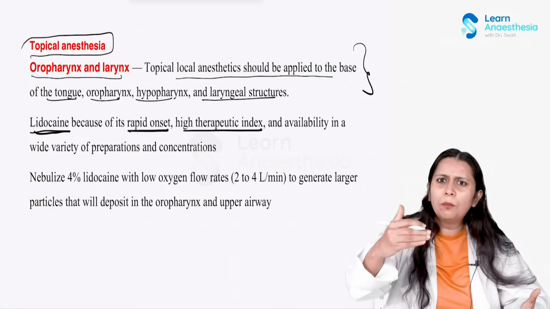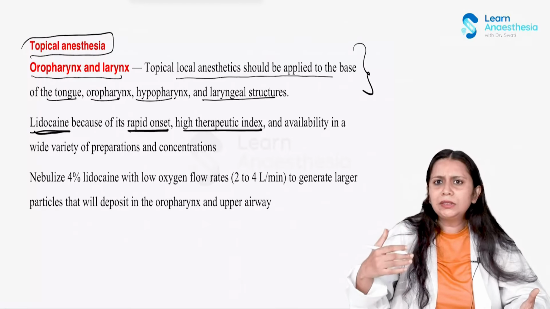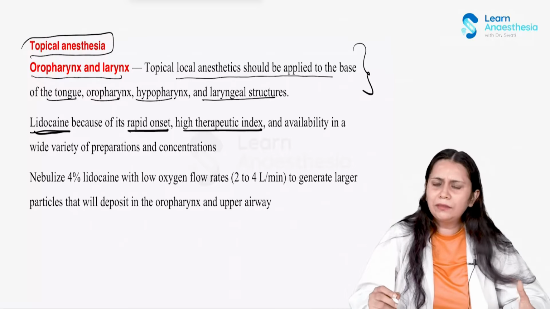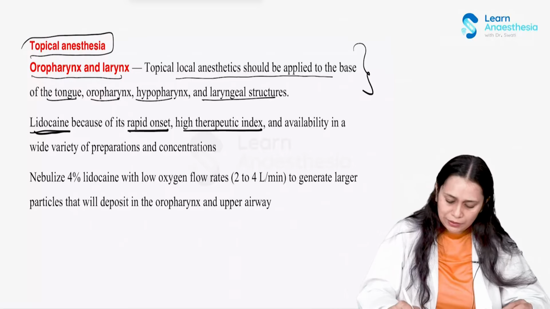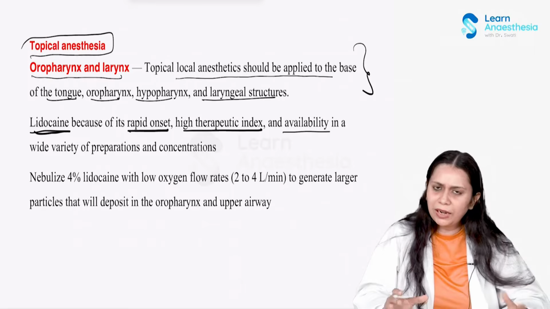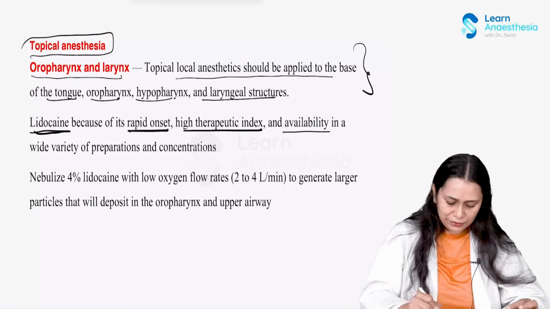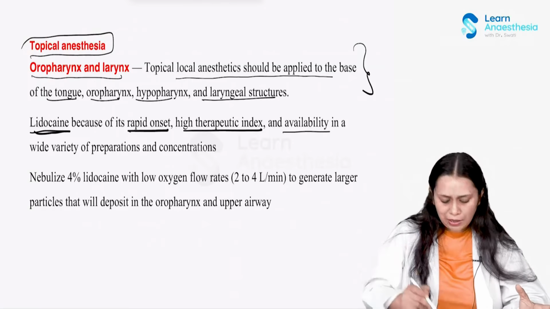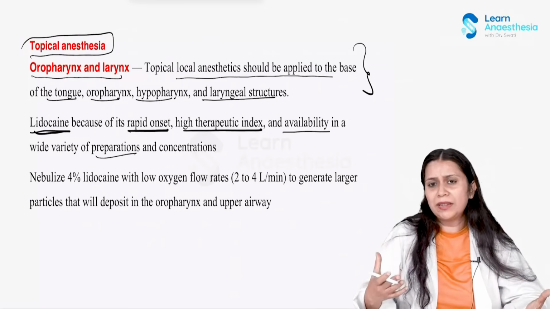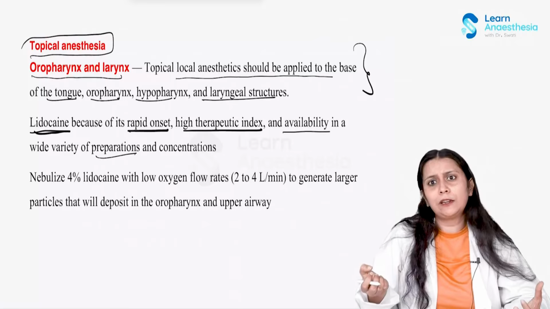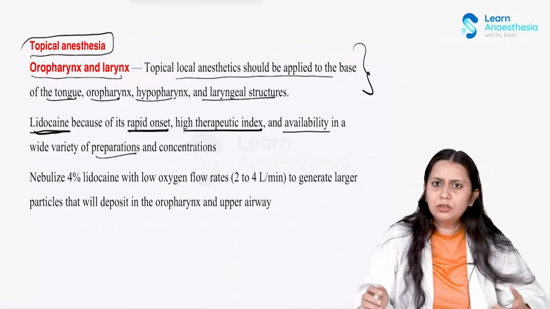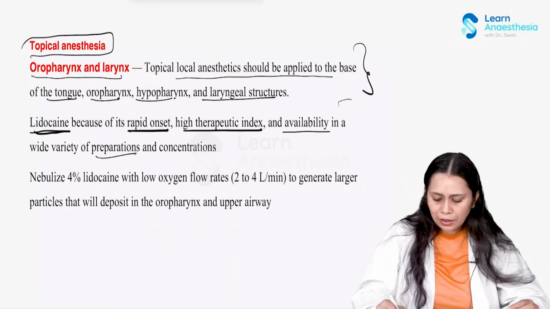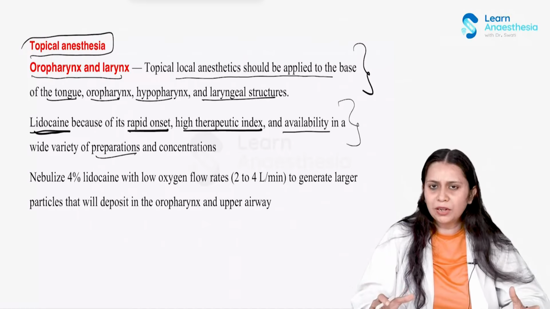We can give a little more because absorption is less, so the safety margin is even better. Then availability is also easy. It is available at most places, and in a wide variety of concentrations and preparations. Ointments, sprays, and creams are available. So lidocaine is the most common one we use.